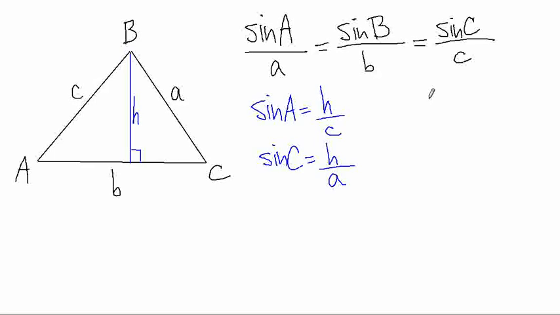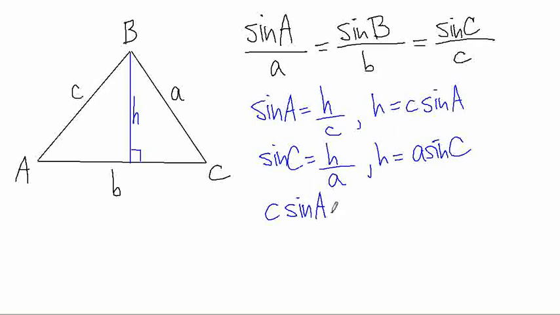So now what I can do is solve for h in both equations. And now I can set the right sides of both of those expressions equal to h. I can set those equal to each other. And so I'll get c sine of A equals a sine of C. And let me divide both sides by the length of side a and the length of side c.